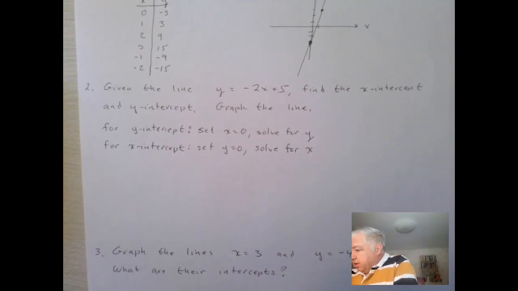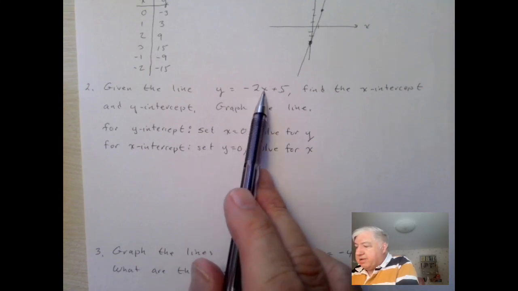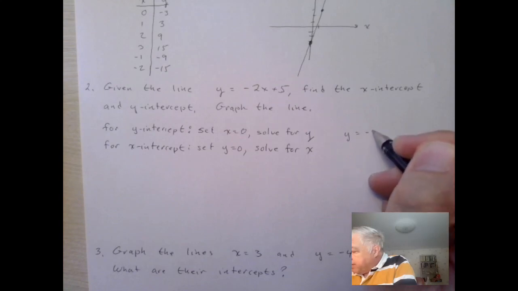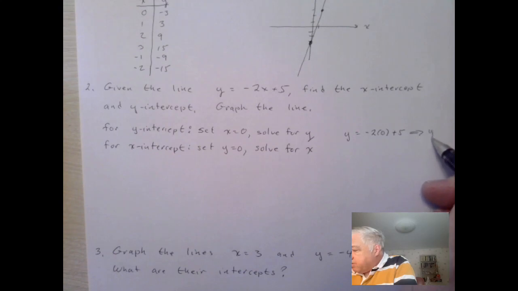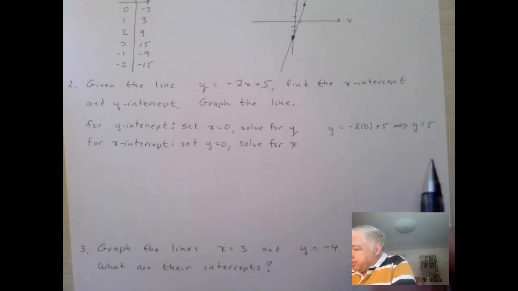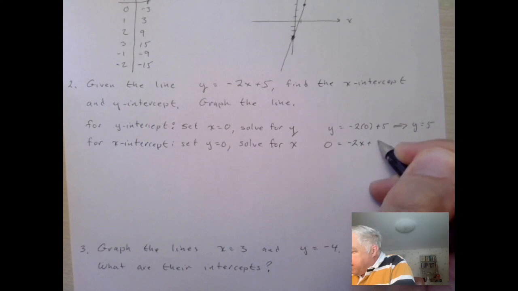Okay. All right. So for the y-intercept, if we set x equals 0, well, that's not hard, right? We will get y is equal to -2 times 0 plus 5. That just tells us that y equals 5. Okay, so that will be the y-intercept. And if we set y equals 0, we get 0 equals -2x plus 5.